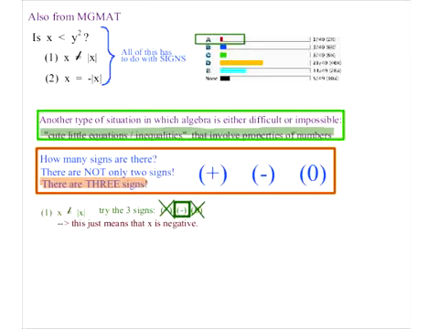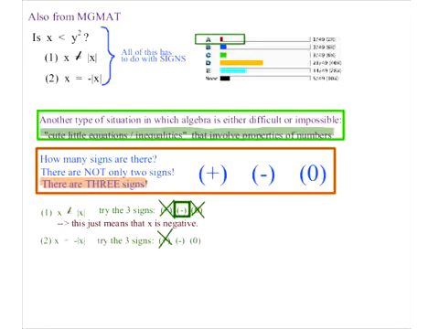Statement 2 says x is equal to the opposite of its own absolute value. All right, let's try the 3 signs again. The difference this time: positive still won't work. If you try to plug in 1/2 or 3 or 10 or some other positive number, then the left-hand side will be positive, right-hand side will be negative. It won't work.